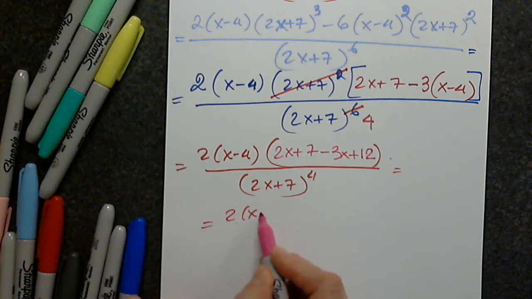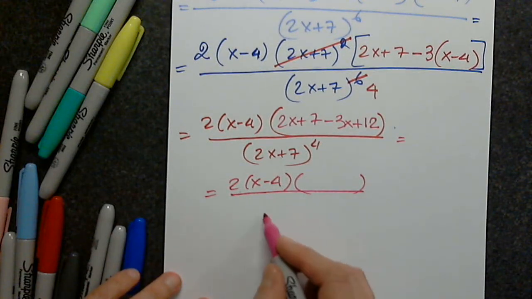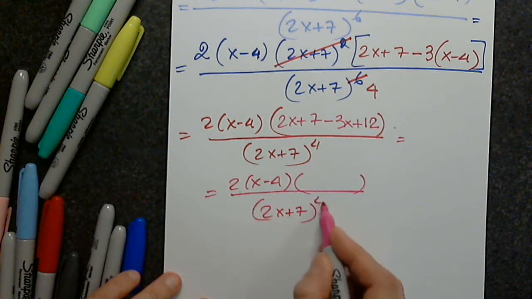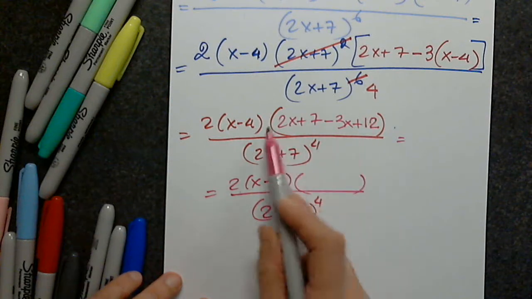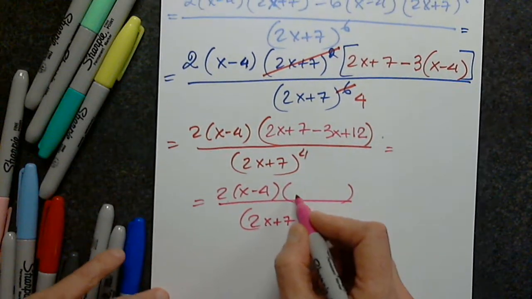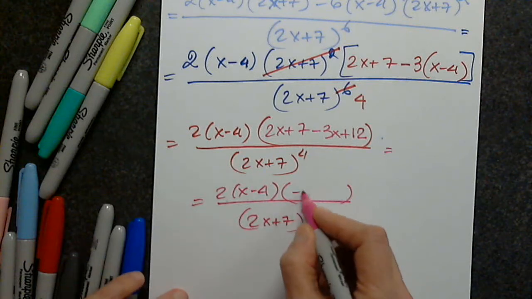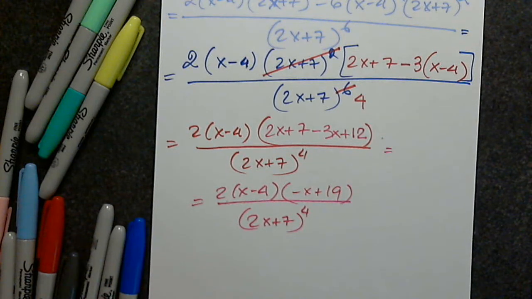So then 2x minus 4. And in parentheses now, we have to combine like terms. I cannot have 4 terms if they are like terms. Negative x plus 19. Good.